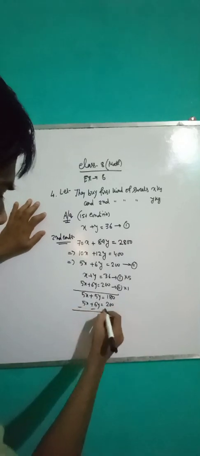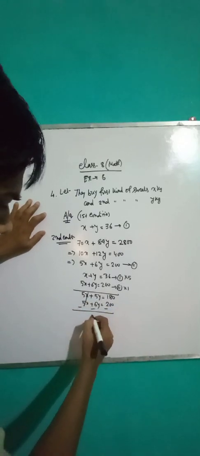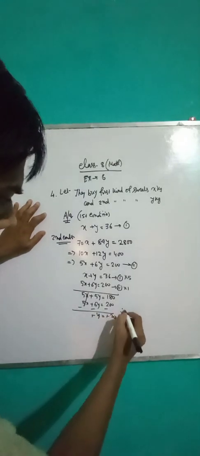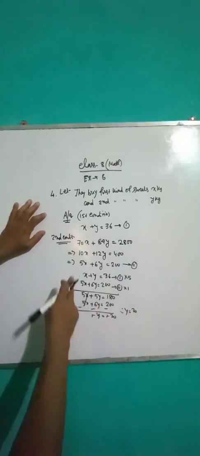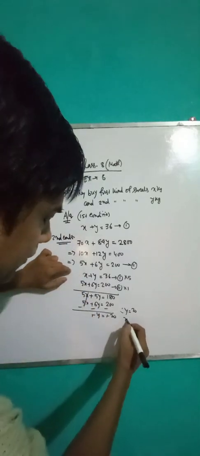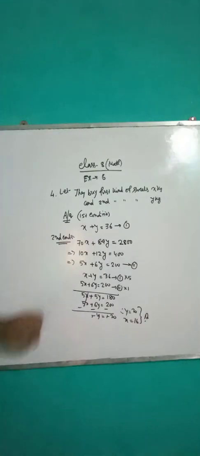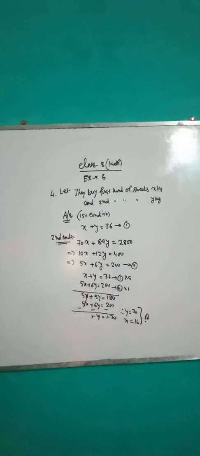Subtract, the 5x cancels. Minus y is equal to, you got minus 20. Cancel the minus, the y value is 20. Now put the value, so x value will be 16. So they bought the first, x will be 16 kg, and second they bought y, 20 kg.